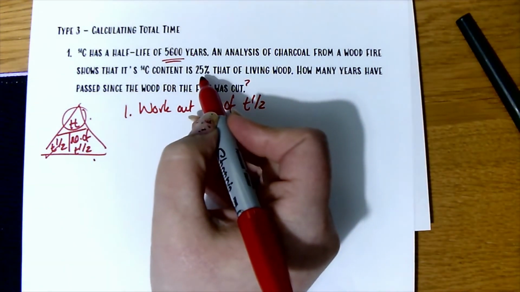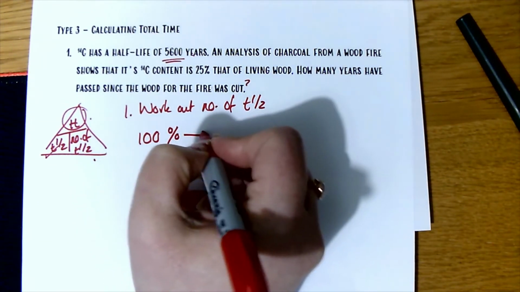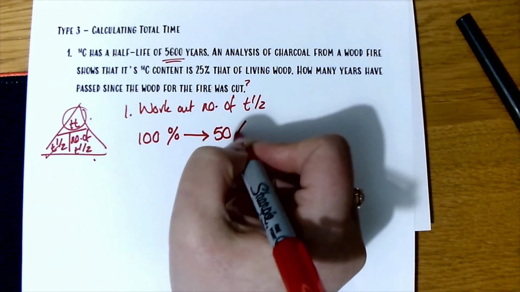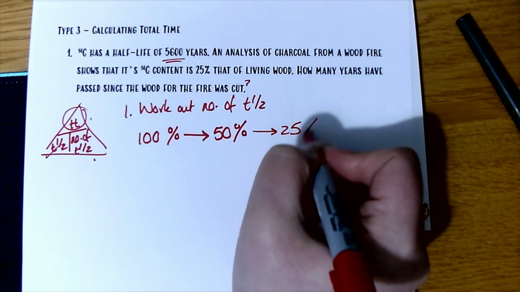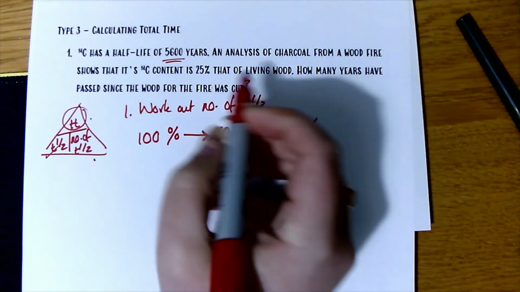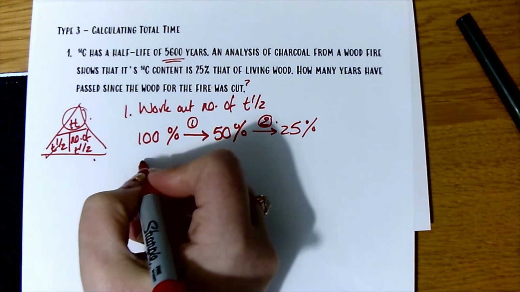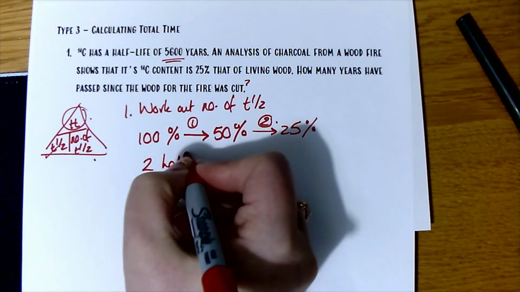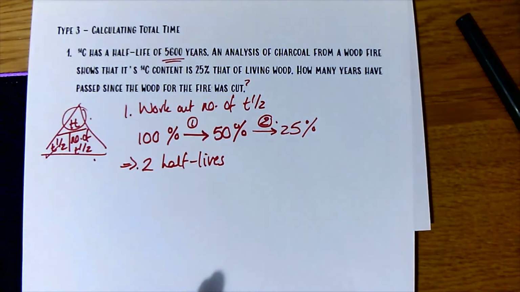We're talking about percentages in this question, so we start with 100%, we half it and go to 50%, and then we half that again and go to 25%. If we go back and count our half-lives, 1 and 2, we can see that we have 2 half-lives that have passed during this time.